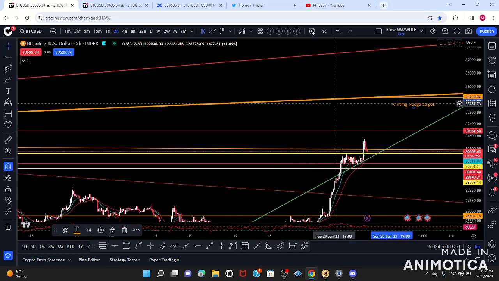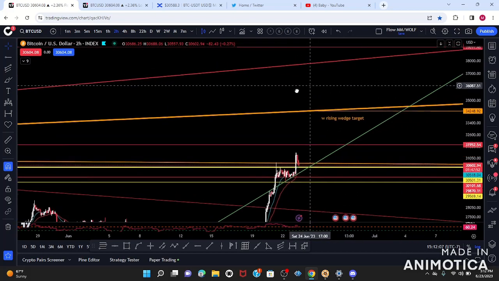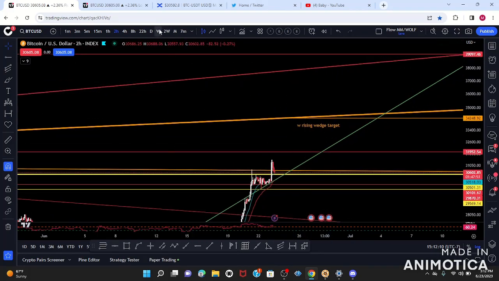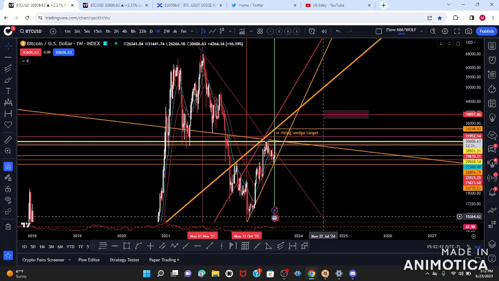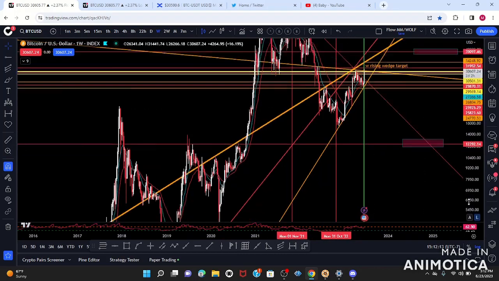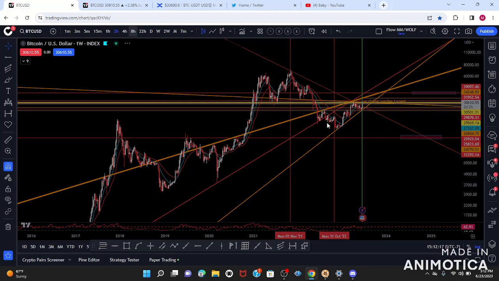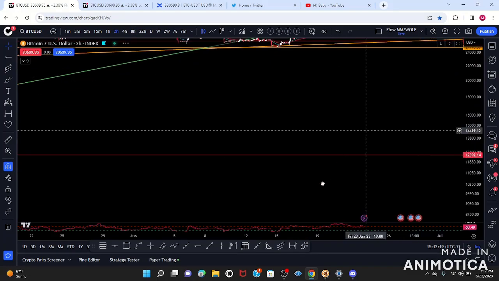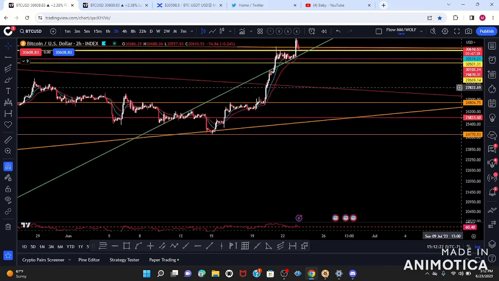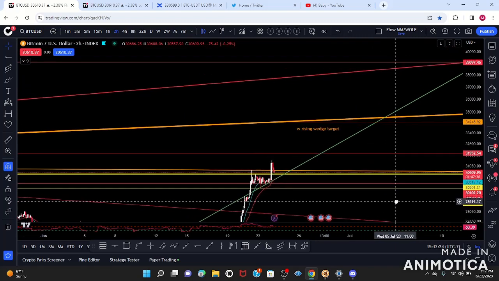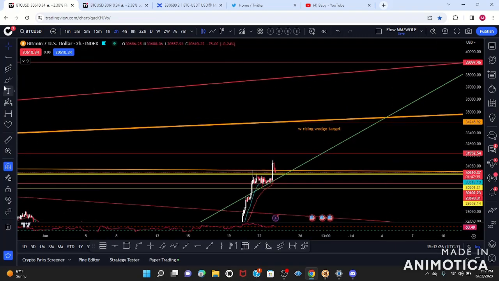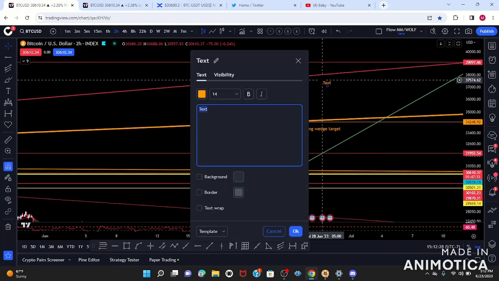Okay, and this is our monthly trend line. Remember that monthly trend line that I could see a possible retrace that is coming all the way from down here, right? We have to label that too, just so we know and we don't get lost. So this is our rising wedge. This is our monthly possible retrace.